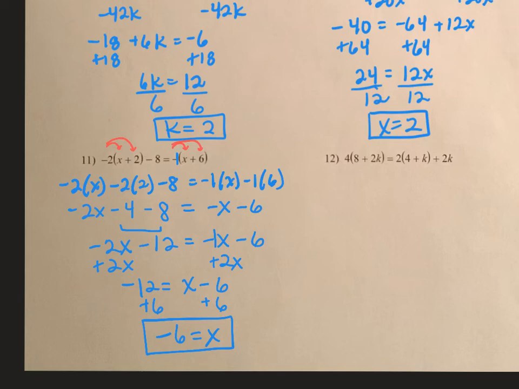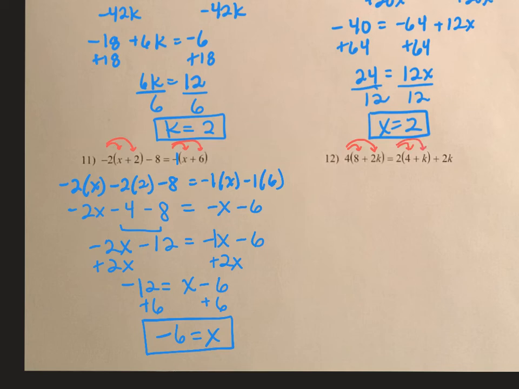On your last problem here, I'm going to distribute 4 times 8, 4 times 2k, and on the right side, 2 times 4 and 2 times k.